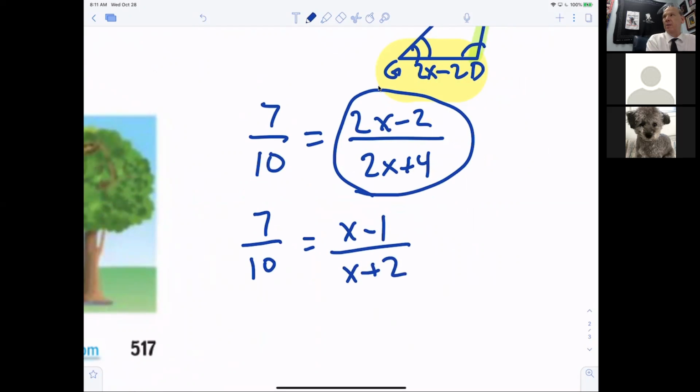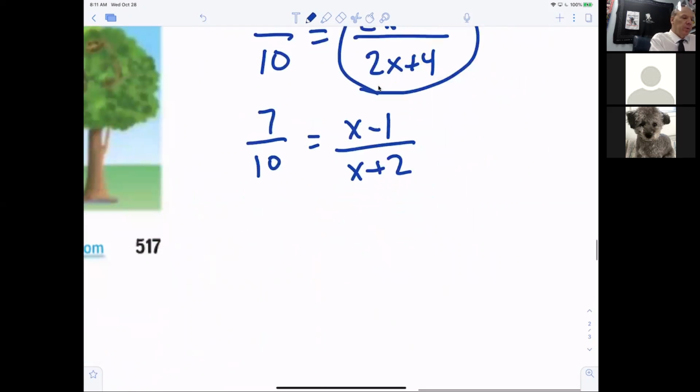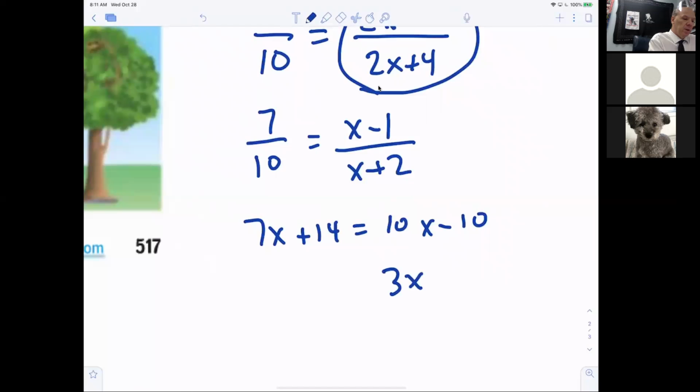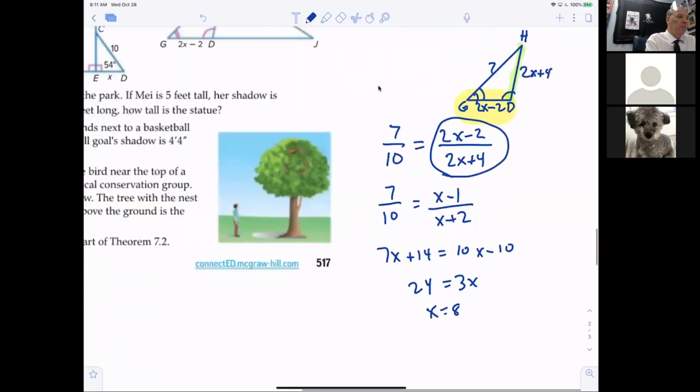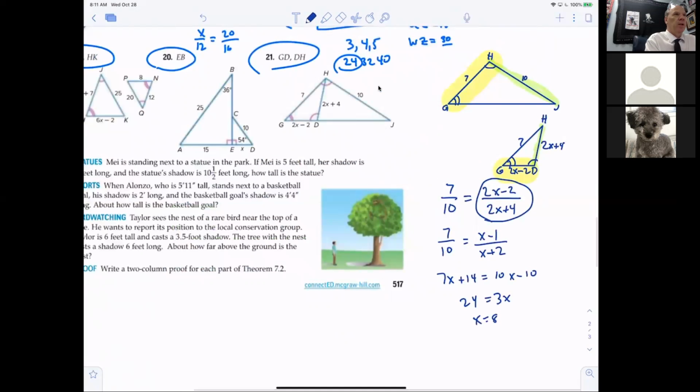Now when you cross multiply, 7x plus 14 is equal to 10x minus 10. 3x equals 24, so x equals 8. How's that? You good with that? All right. Hopefully you understand what I'm saying about separating the triangles when they overlap, it's a big help.